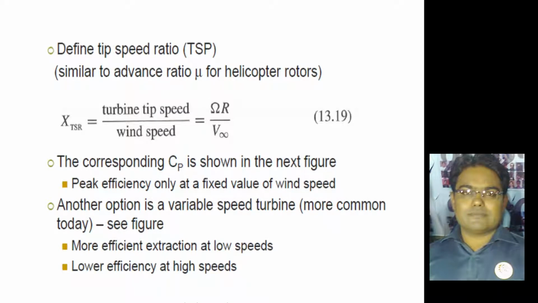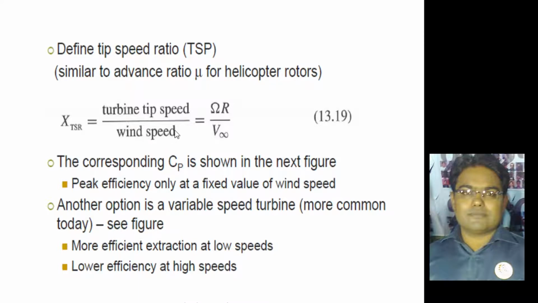We define what the tip speed ratio is. Tip speed ratio is nothing but the ratio of turbine tip speed to the wind speed. At what speed your turbine blades are rotating, divided by wind speed, is known as the tip speed ratio.